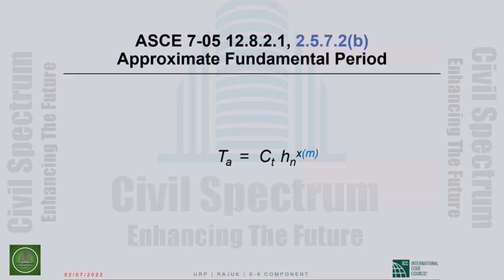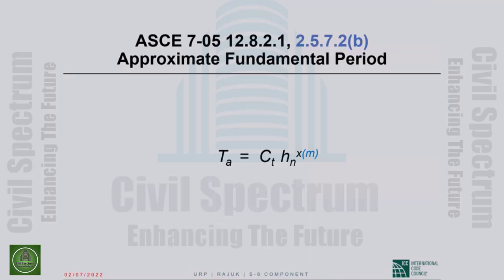I mentioned to you yesterday, flexible buildings have long periods, rigid buildings have short periods. So in the 500-foot direction, the building has a much shorter period than in the 100-foot direction. That is common sense, right?